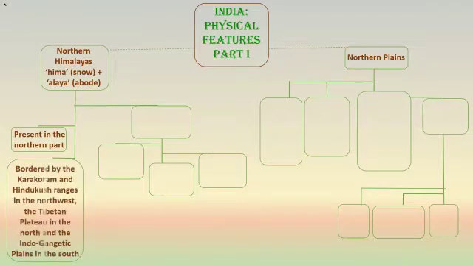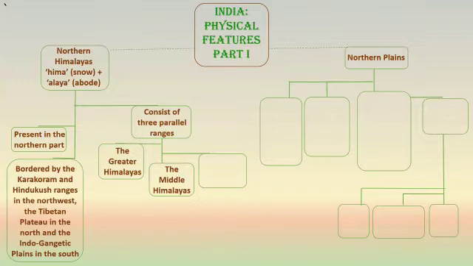It is bordered by the Karakoram and Hindu Kush ranges on the northwest, the Tibetan Plateau in the north, and the Indo-Gangetic Plains in the south. It consists of three parallel ranges: the Greater Himalayas, the Middle Himalayas, and the Lesser Himalayas.